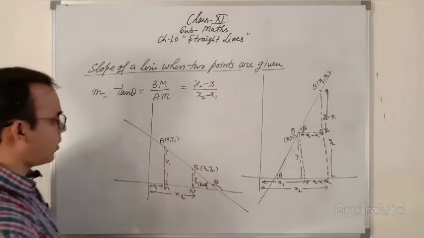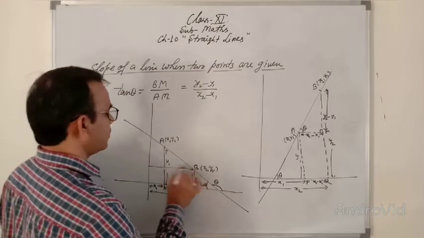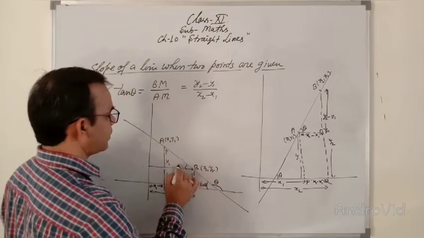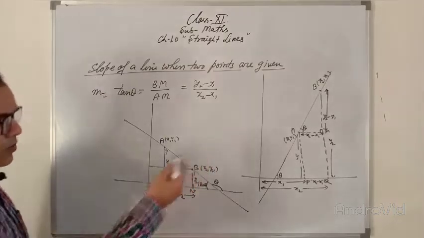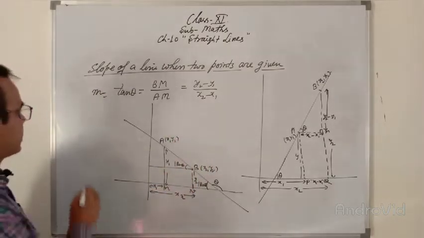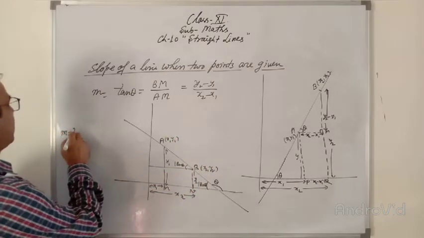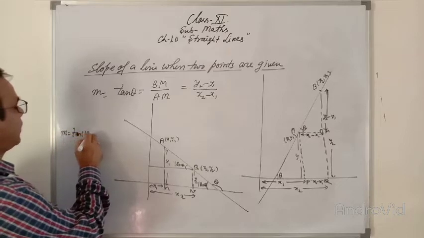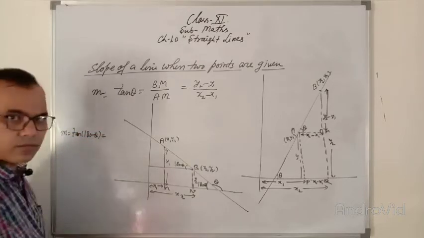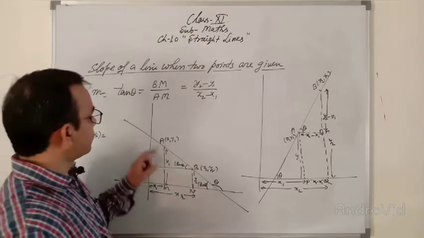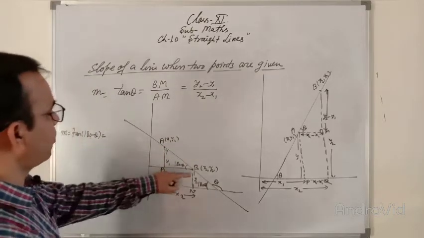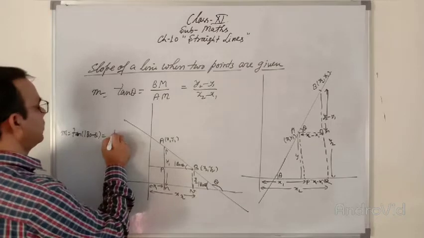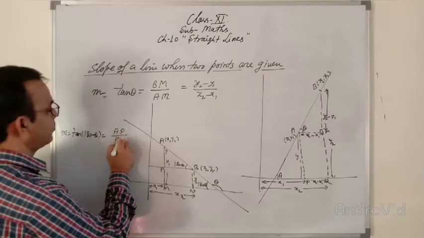Now in this case you see that this angle is 180 minus theta, its corresponding angle is also 180 minus theta. Now the same way we can get the slope in this case, so that m equal to tan 180 minus theta equal to, suppose this is the point P, AP upon BP, you will get its value.